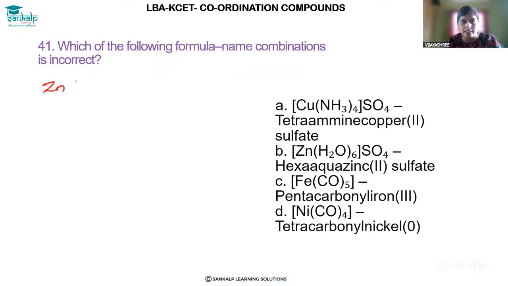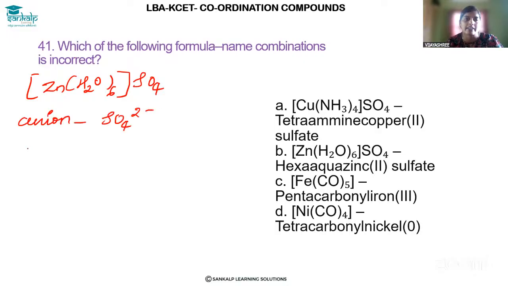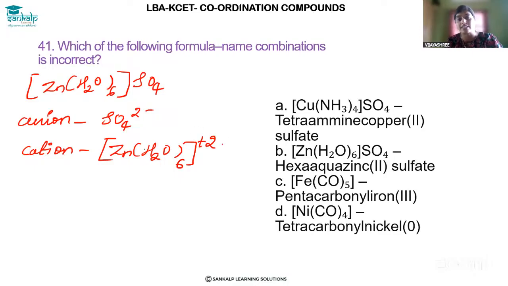Option B is Zn(H2O)6 SO4. Here the anion is SO4 2 minus and the cation is the complex cation Zn(H2O)6. Since the anion has -2 charge, in order to balance this we have to put +2 charge over this complex cation.